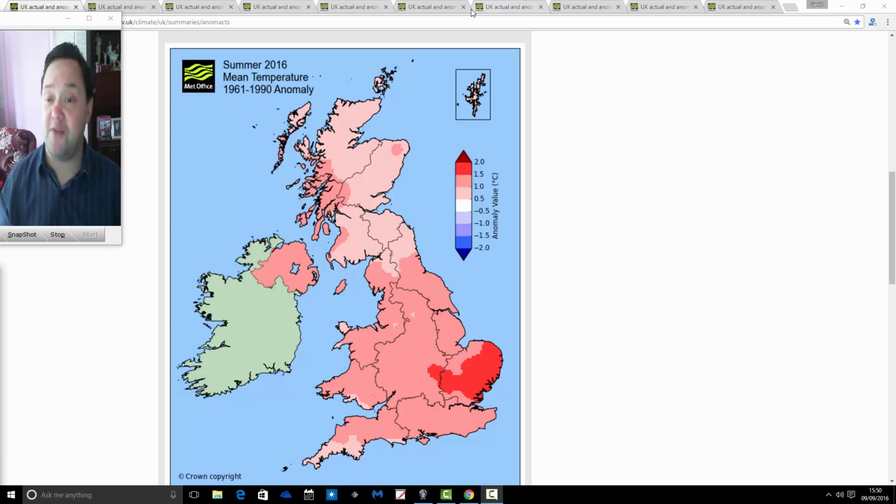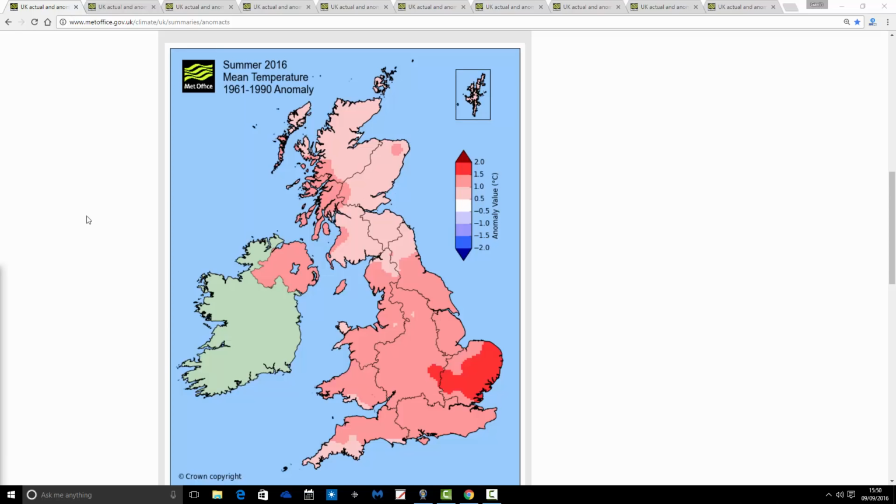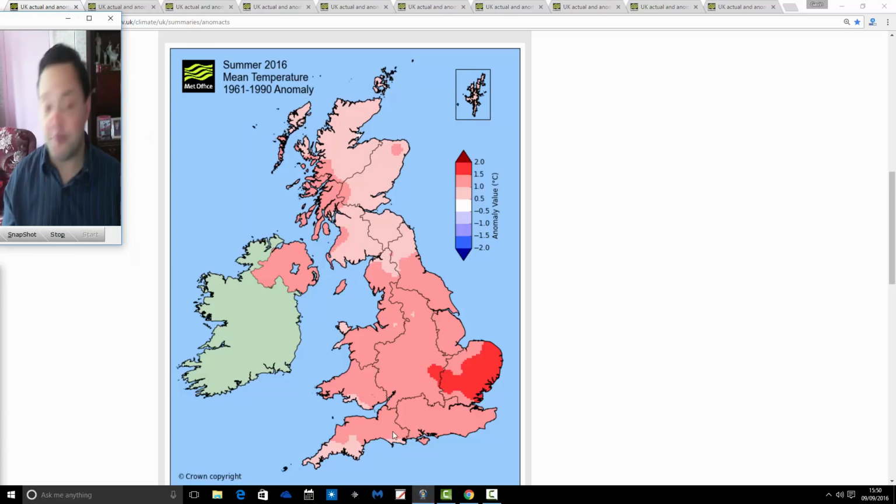So we're going to start off with the summer 2016 mean temperature anomaly map set against 61 to 1990. I always have to explain with this, but at the moment we're in the curious position of having two periods running alongside each other. So we've got 61 to 1990, which I think the WMO, World Meteorological Organization, is still using. That's the old and cold temperature series, which dates right back into the 1960s. The 1960s were a very cold decade with many really cold winters, and the summers were pretty grim in the 1960s as well.